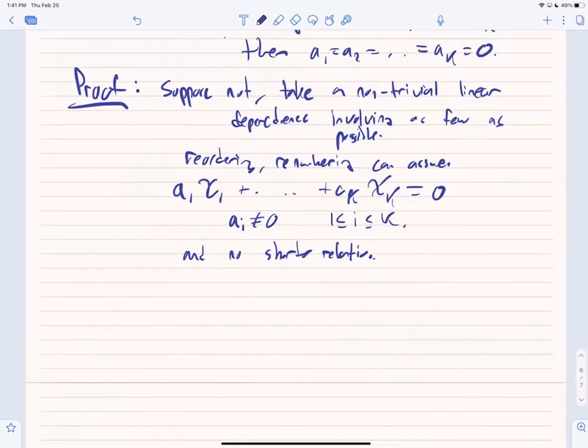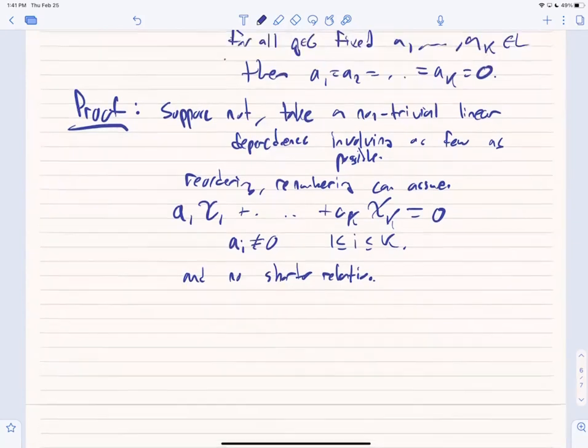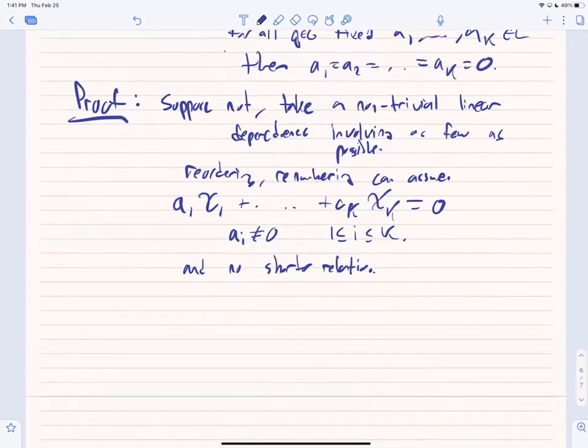Okay, and now, once you've done this, how these proofs go is you get a contradiction by manipulating your situation to produce a shorter non-trivial dependence relation. So how do we do that here?